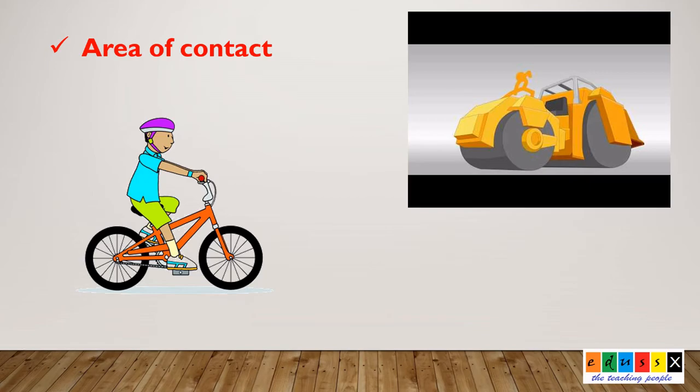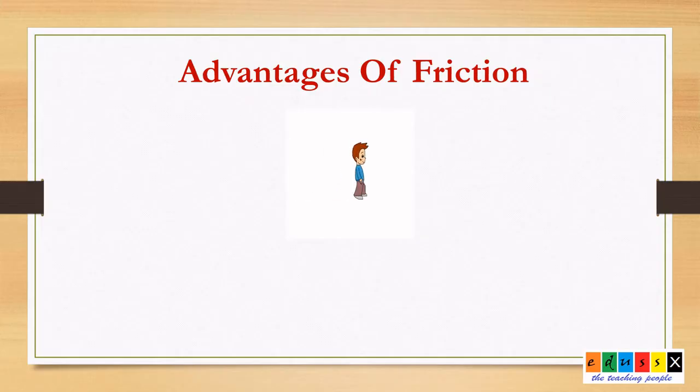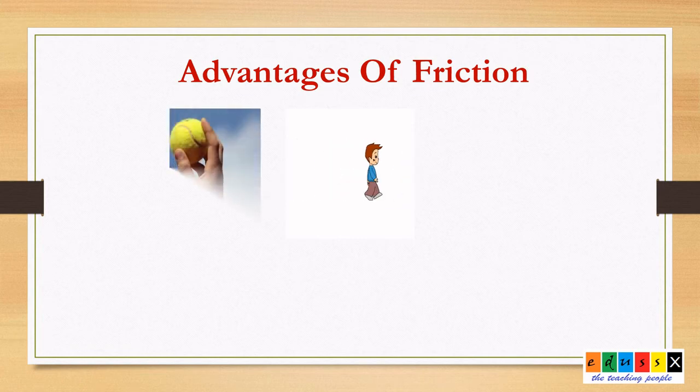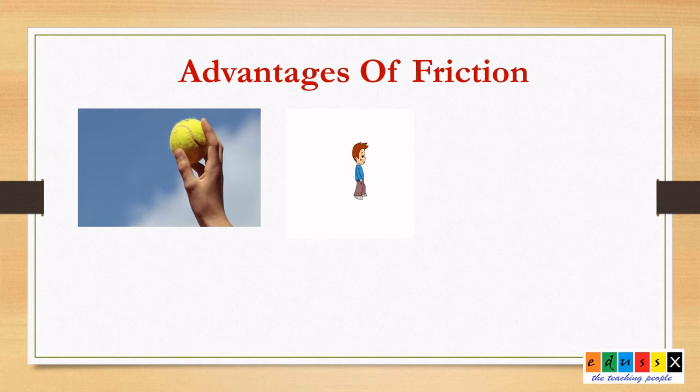Now we are moving to the advantages and disadvantages of friction. In our day-to-day life, without friction, nothing will happen. So what are the advantages? Whenever we need to hold an object in our hand, the main property involved is friction.